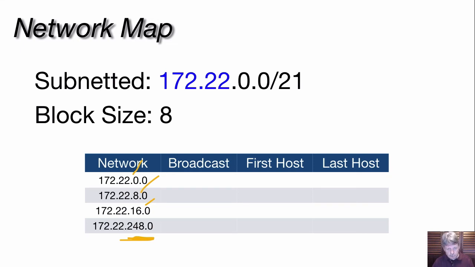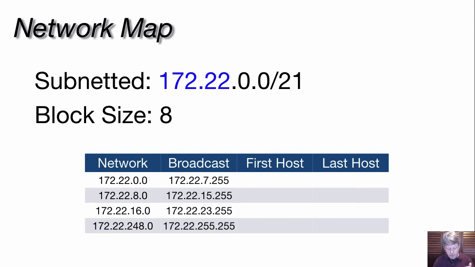How about broadcast addresses? Again, the broadcast address is always going to be 1 less than the next network. If we start with our first network, we look at the second one, the subnetted octet value is going to be 8 or 8.0. We subtract 1 from that, and we get 7.255. Same with all of the rest of our broadcast addresses.